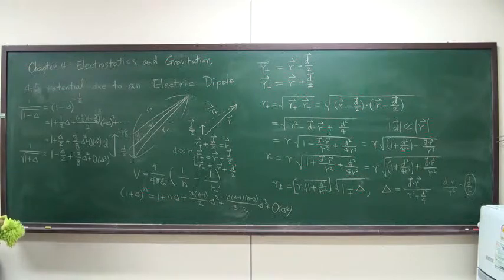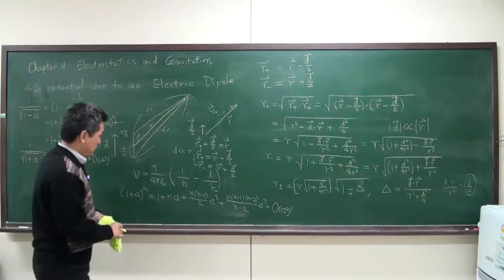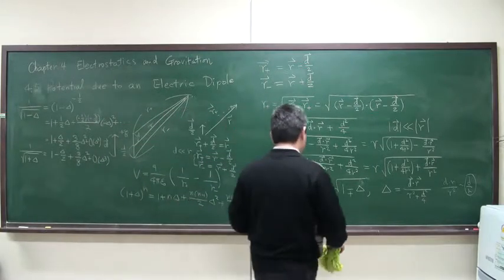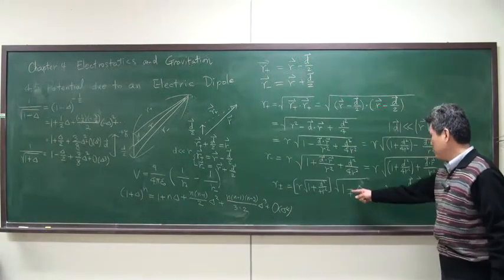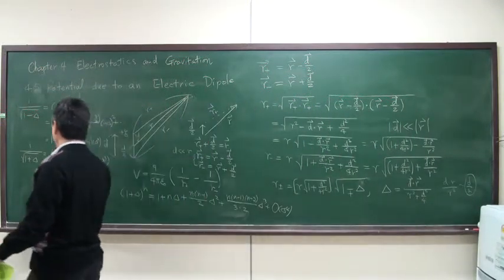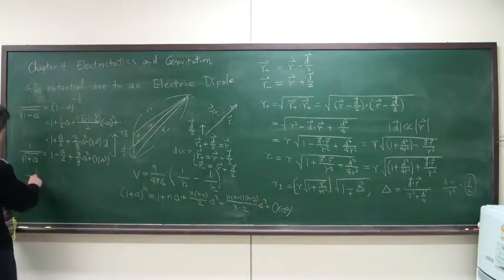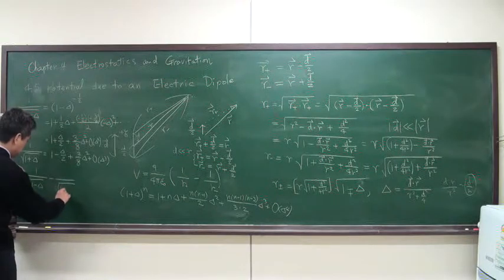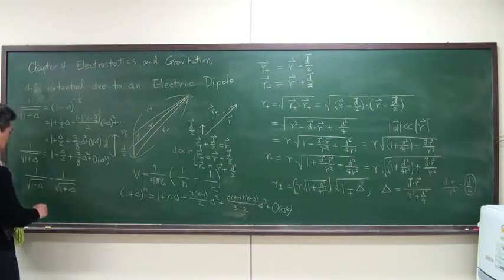So what we are interested in is 1 over r plus, that is proportional to 1 minus delta, subtracted by this one.